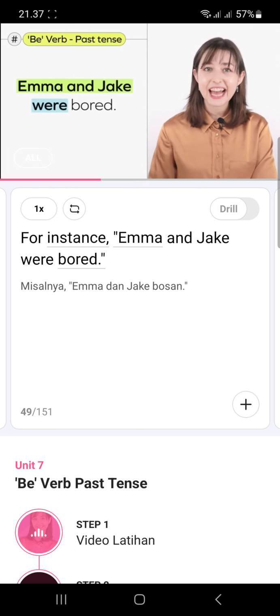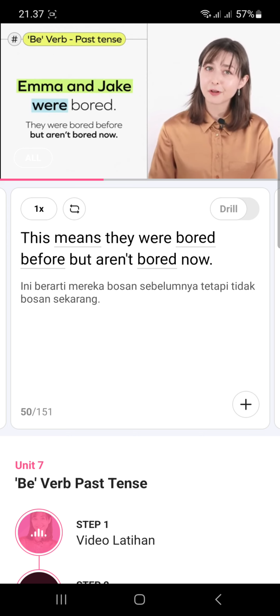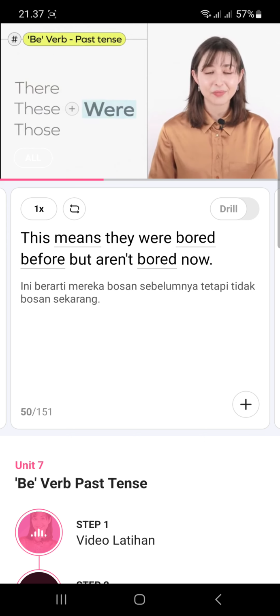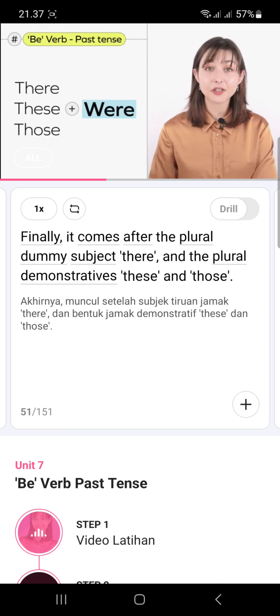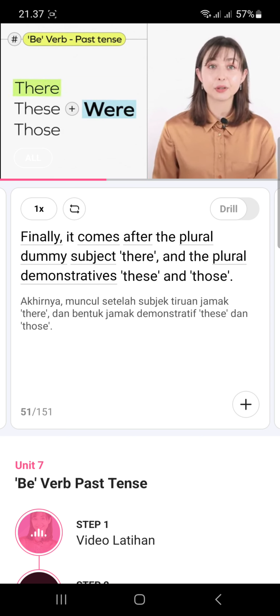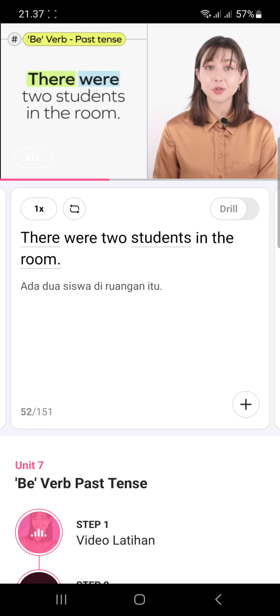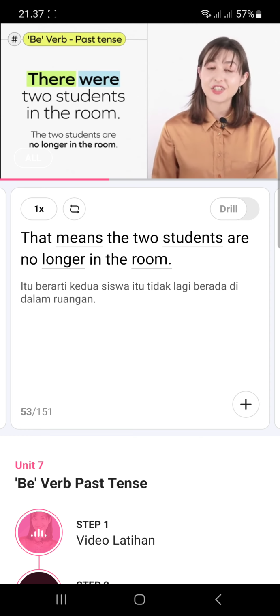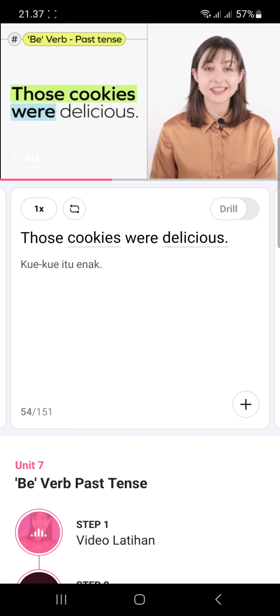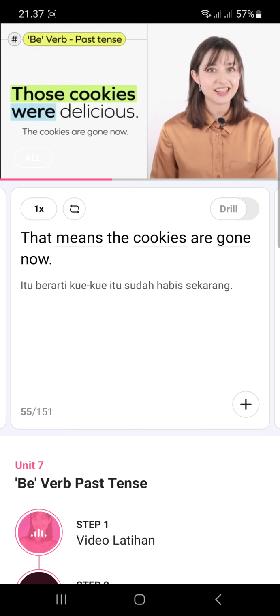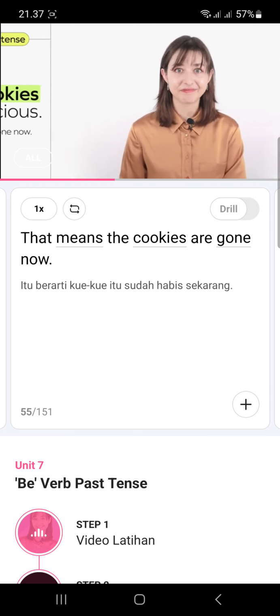For instance, Emma and Jake were bored. This means they were bored before, but aren't bored now. Finally, it comes after the plural dummy subject there and the plural demonstratives these and those. There were two students in the room. That means the two students are no longer in the room. Those cookies were delicious. That means the cookies are gone now.